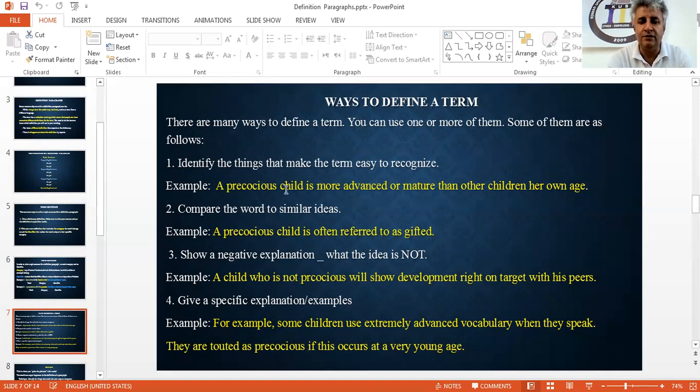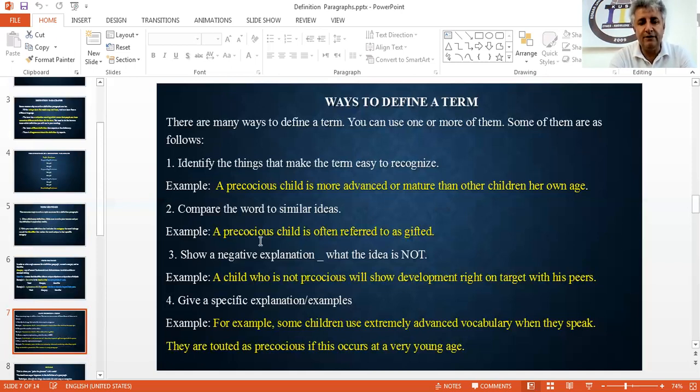You might identify the things that make the term easy to recognize. So what do you mean by the word phrase, a precocious child? A precocious child is more advanced or mature than other children her own age. Here, we make the word easier to understand for the readers by using this explanation.